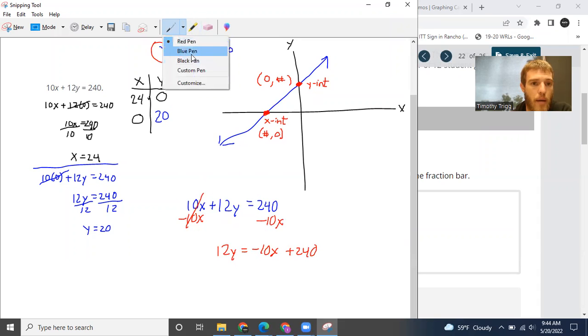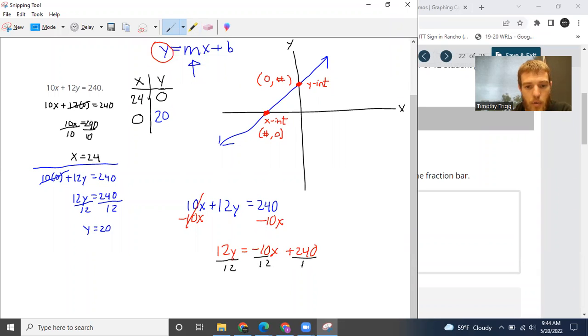Then to get y by itself, lastly, we're going to divide both sides by 12. When I divide by 12, I'm going to have to divide every term by 12, giving us y by itself. Here, negative 10 over 12, I can actually reduce that fraction, dividing both top and bottom by 2, giving us negative 5 over 6x. I hope you know how to reduce fractions. And then 240 divided by 12 is 20.